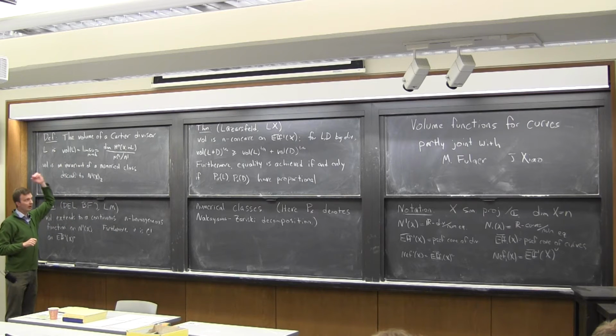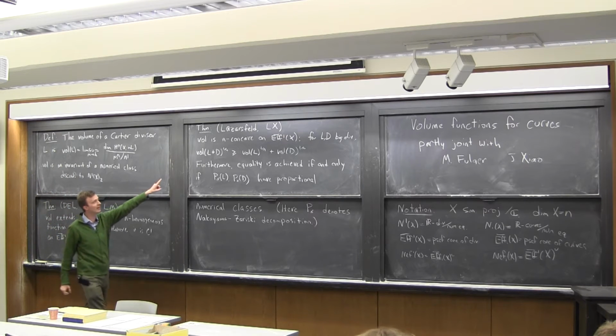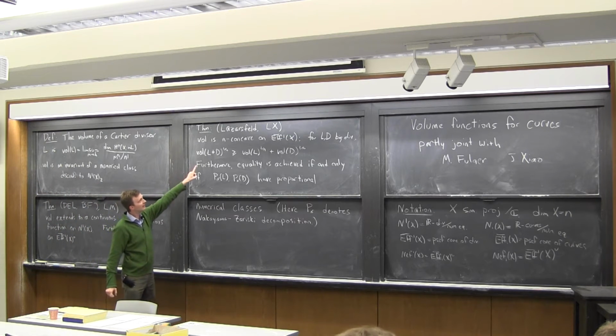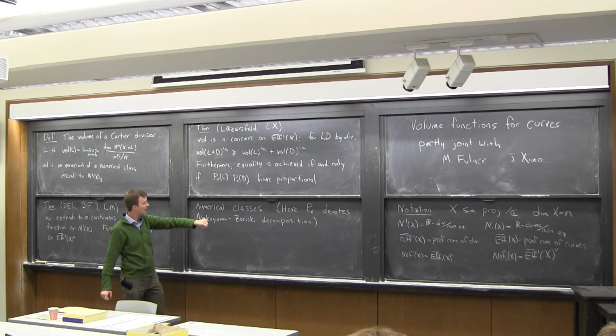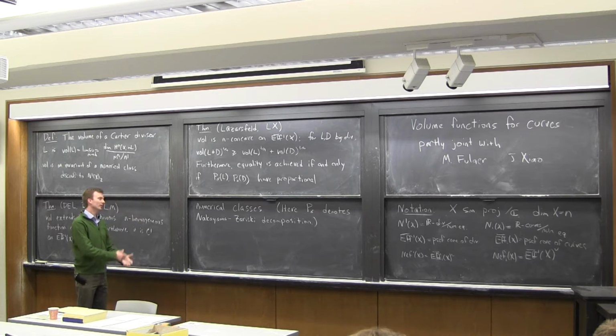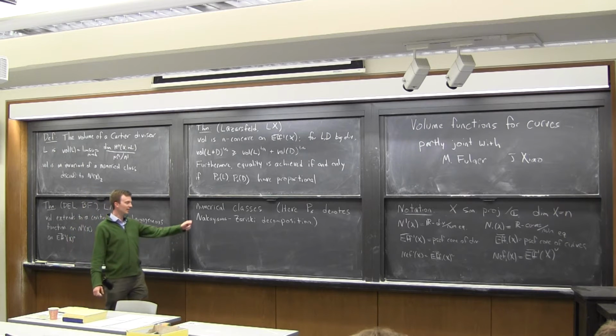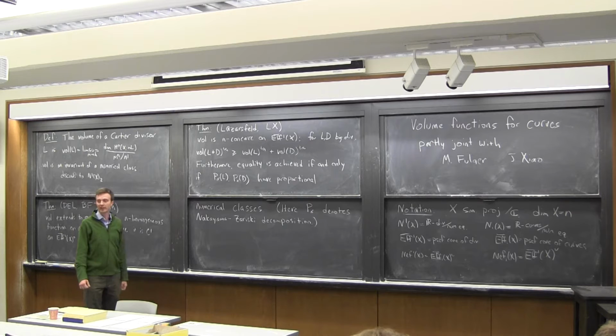Not only is the volume n concave, but you can exactly capture the failure of strict concavity. And this is done by the Nakayama-Zariski decomposition. In fact, there's many different ways of defining Zariski decomposition in codimension 1, and for big divisors, they're all the same. So you can choose which one you like.